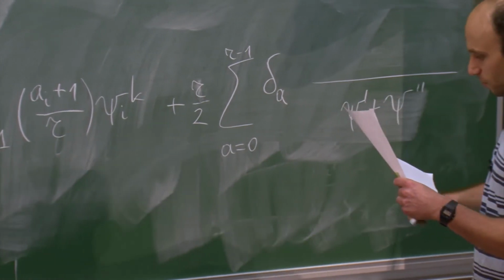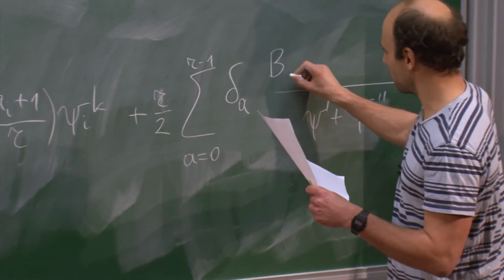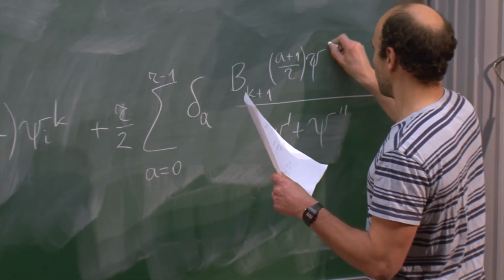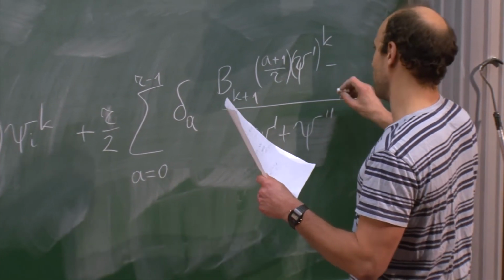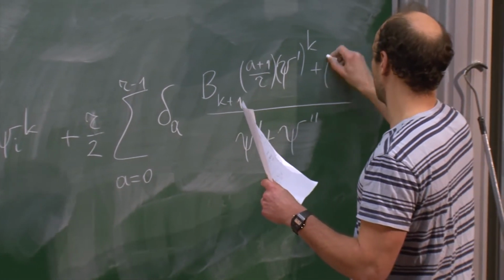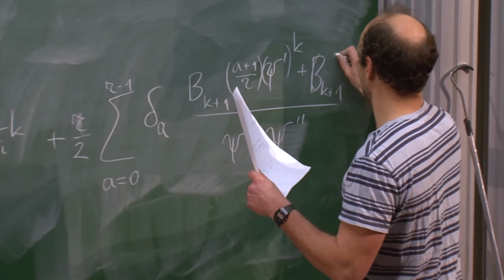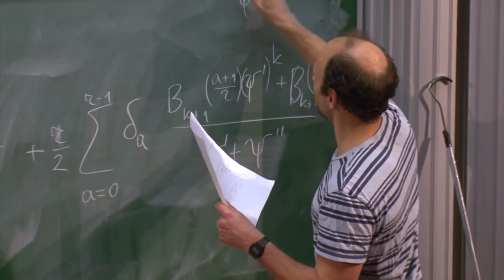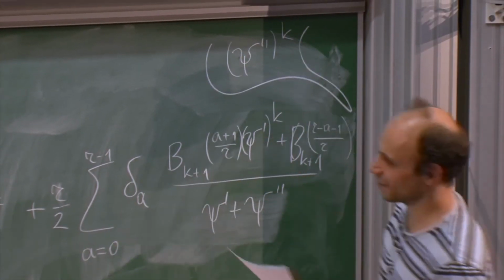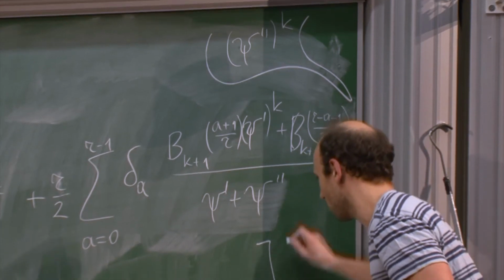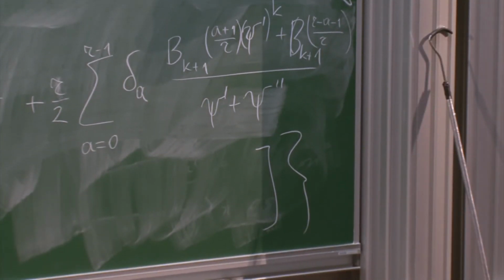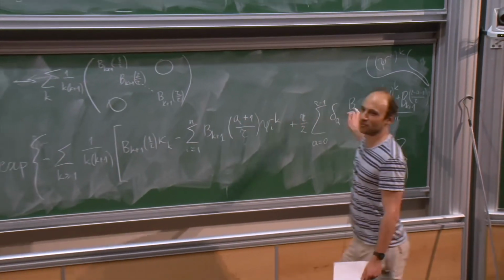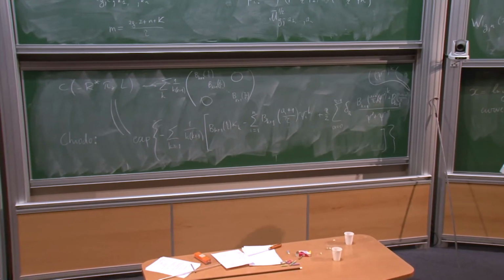Psi prime plus psi double prime, and here B_{k+1} of (a plus 1) over r, psi prime to the power k, minus B_{k+1} of (r minus a minus 1) over r, psi double prime to the power k. Okay, it's too long, and then I have to close both brackets. So once again, you can see all the elements of this matrix appearing in different combinations.